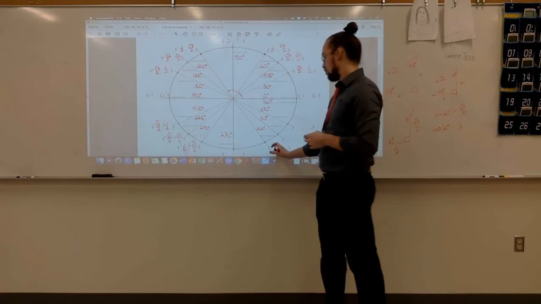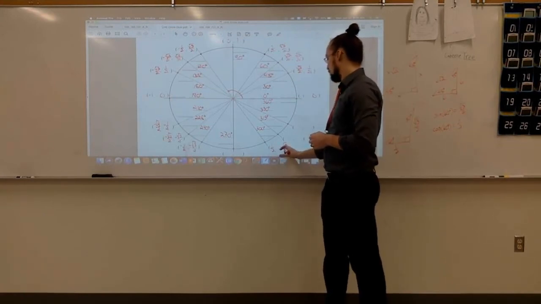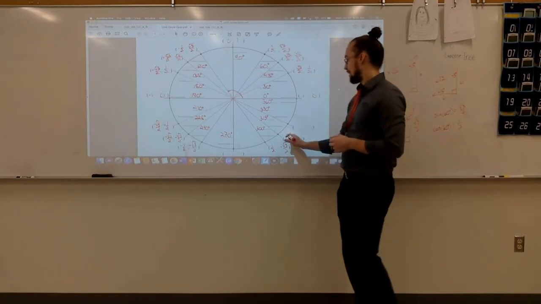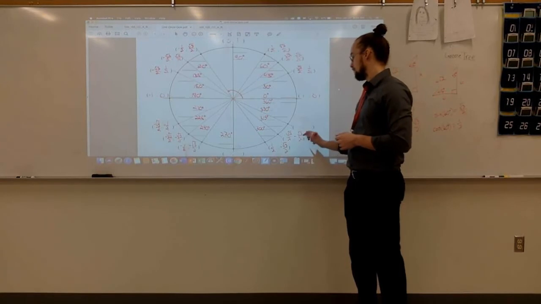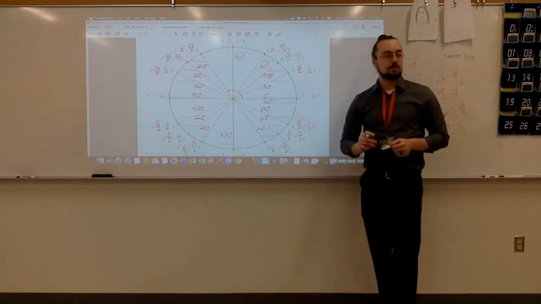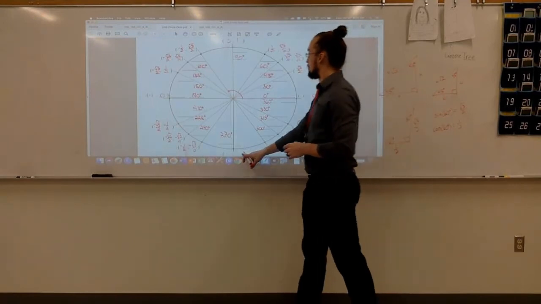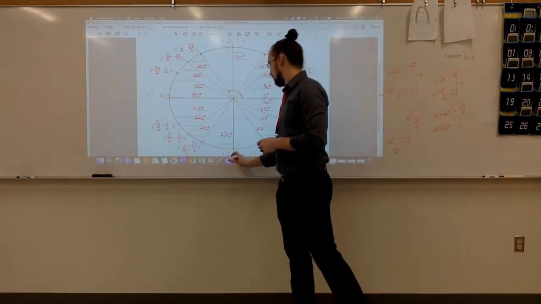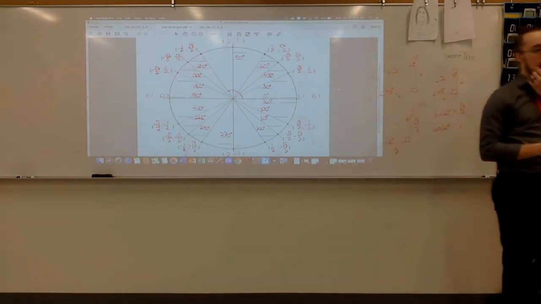So this will be positive 1/2, negative square root of 3 over 2, positive square root of 2 over 2, negative square root of 2 over 2, and positive square root of 3 over 2, negative 1/2. And I guess we forgot to fill this one in. That would be 0, negative 1 for those coordinates.